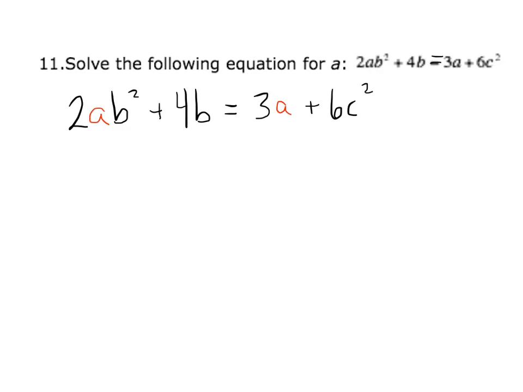Alright? And what we want to do is get all the terms with a on one side and everything else on the other side. So we want to bring this over here somehow and this over here.